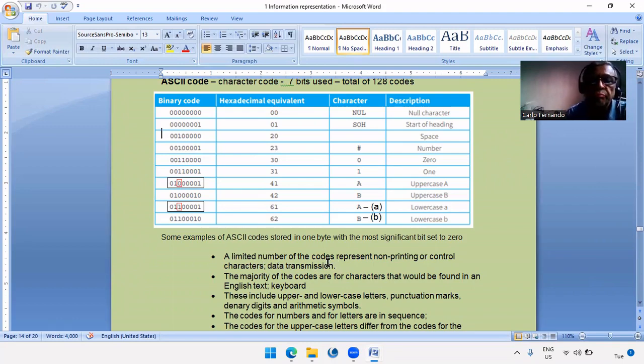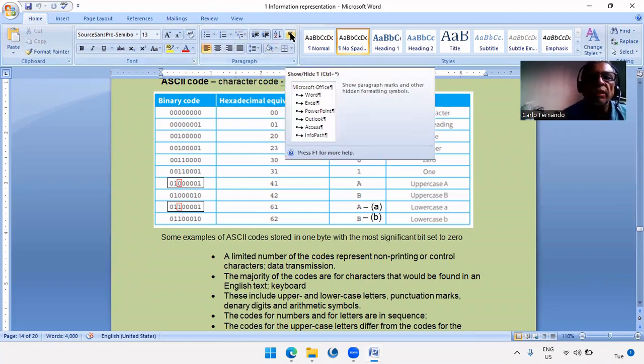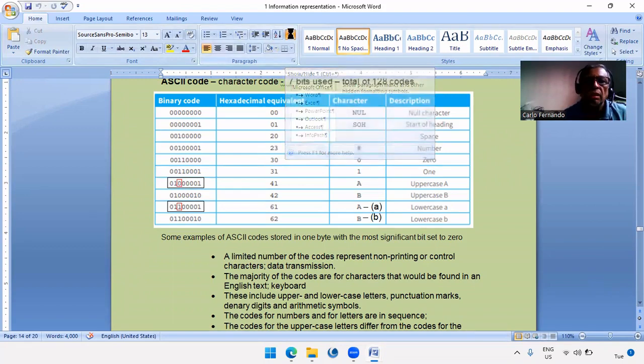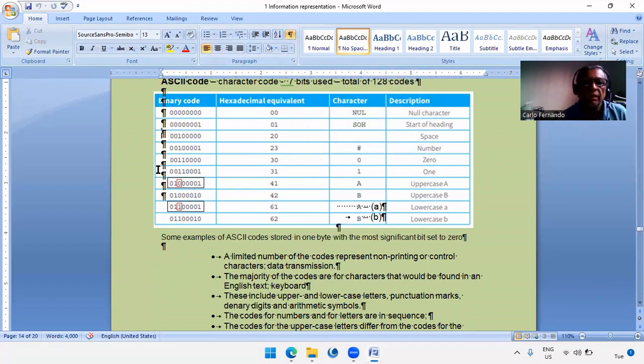Because of that, you need control characters. And even for typing and printing, when you click this one in Word, those are non-printing characters. These are control characters.